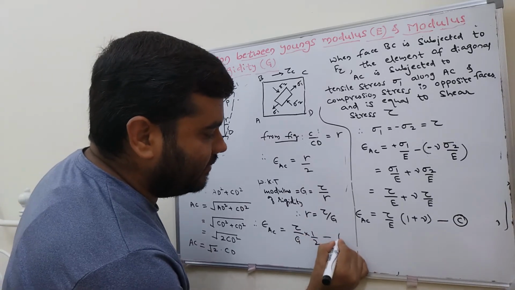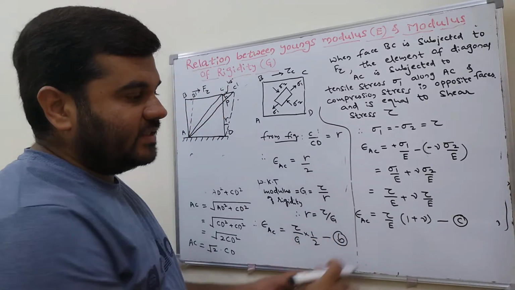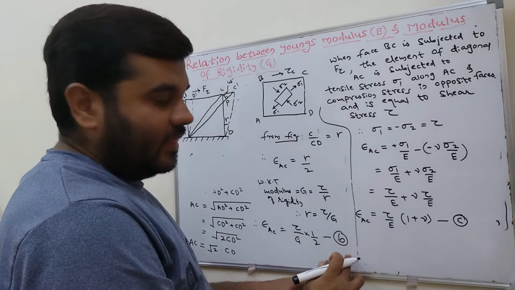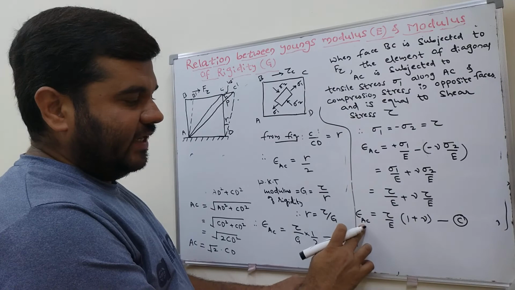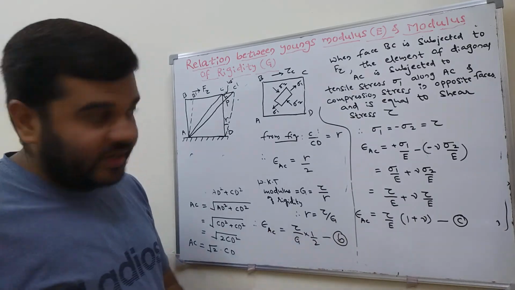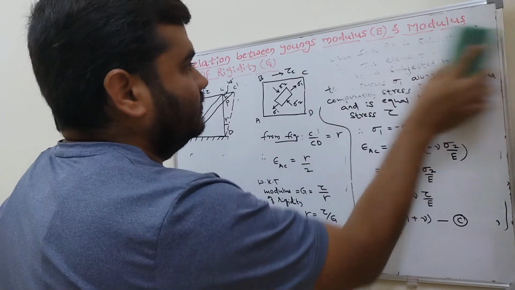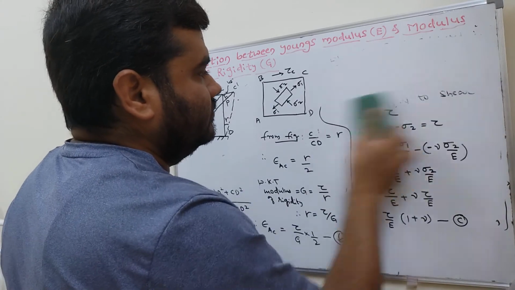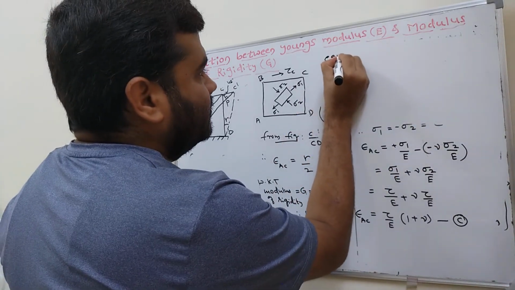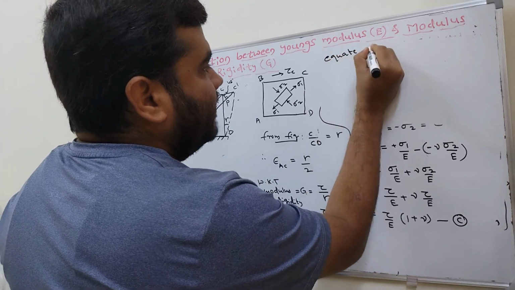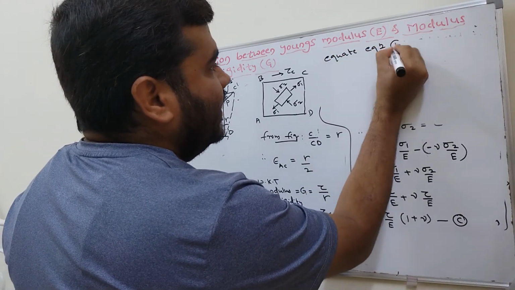Call this equation number B. Now can I equate equation B and C? Because both are the strain in AC.